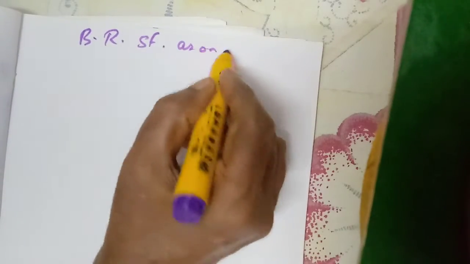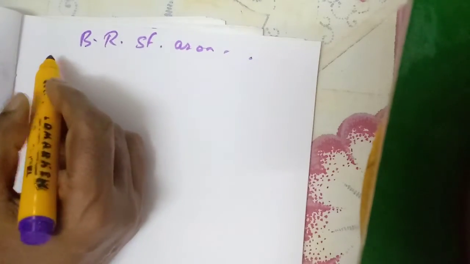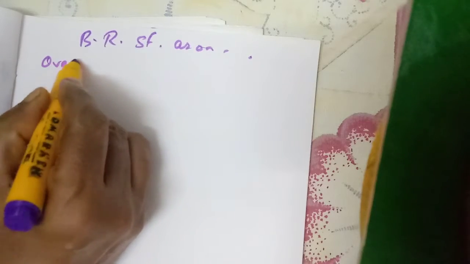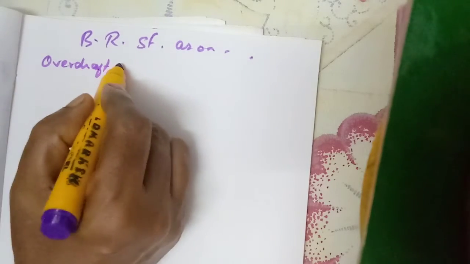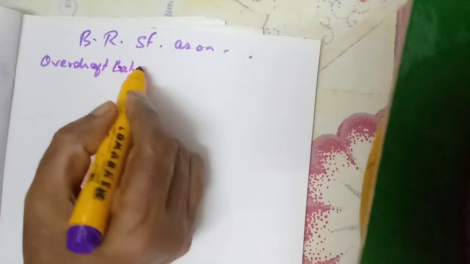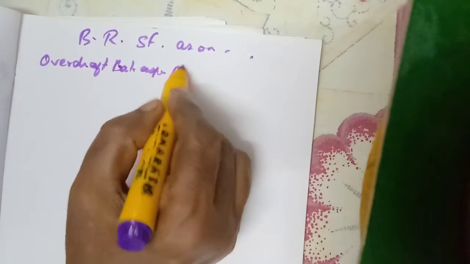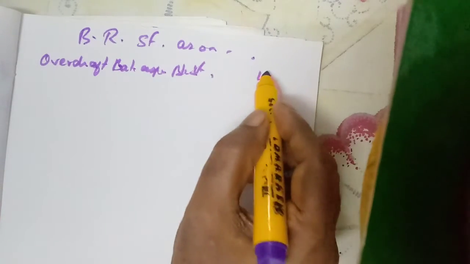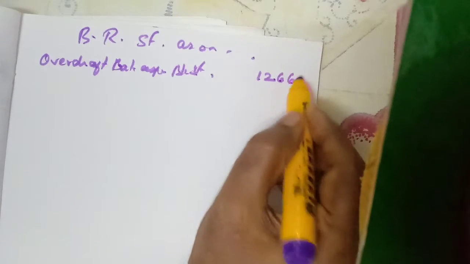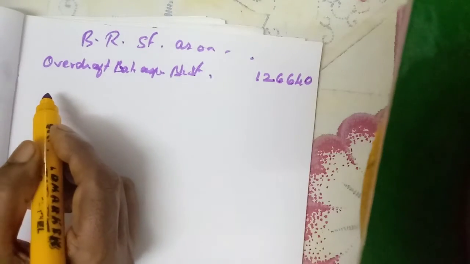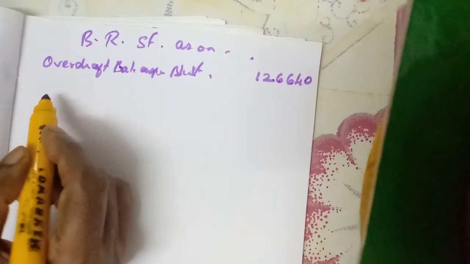Bank reconciliation statement as on, write the date. So here overdraft balance as per bank statement 1,26,640. Now what should be added, that we need to add.